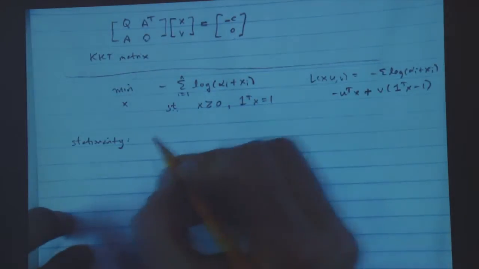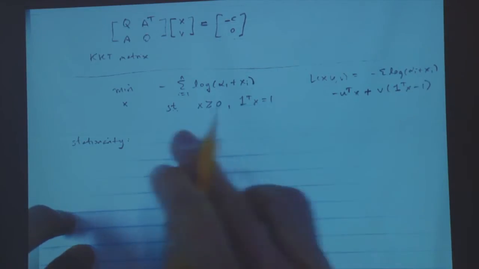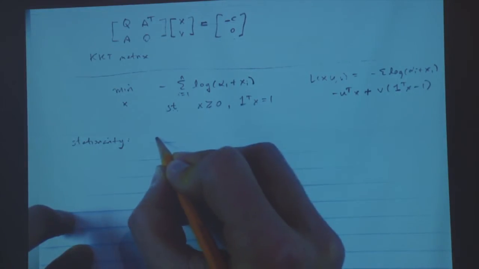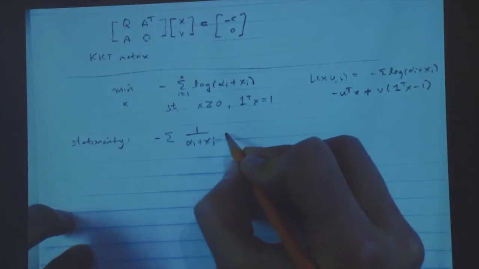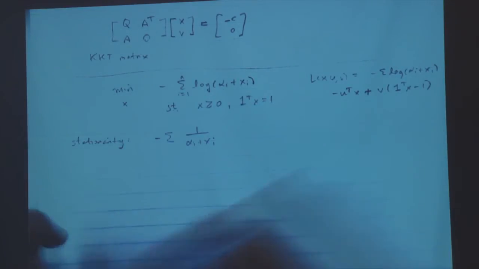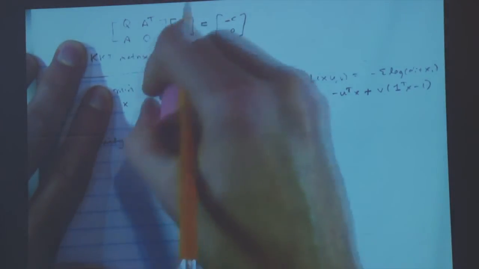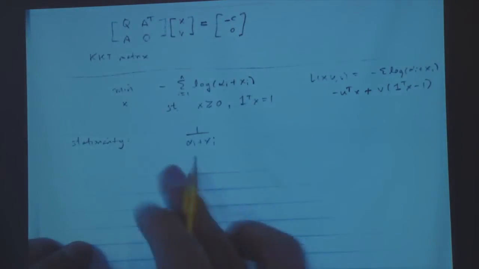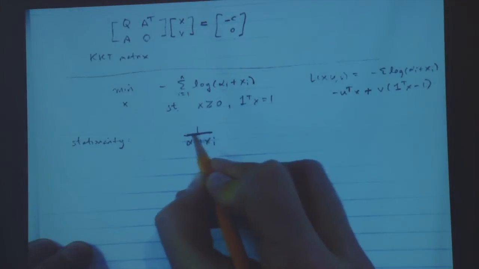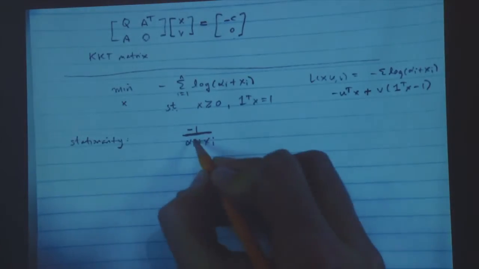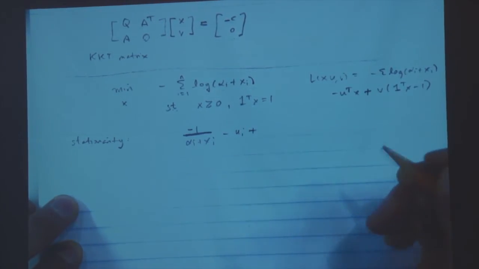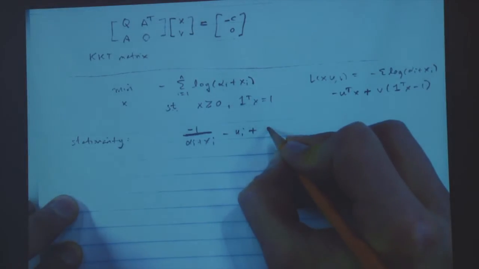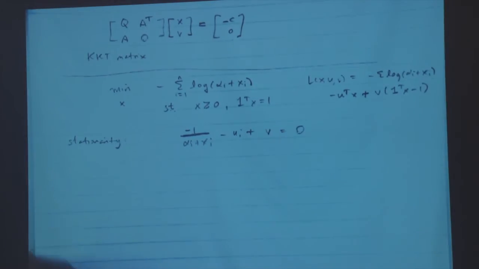Okay, so stationarity, we get by differentiating this with respect to x. Let's differentiate with respect to the ith component, x_i. So we get minus 1 over alpha_i plus x_i, minus u_i, plus v, equals 0.